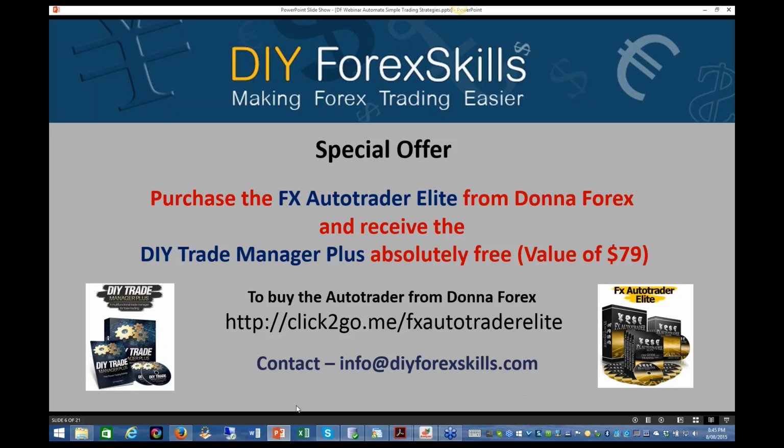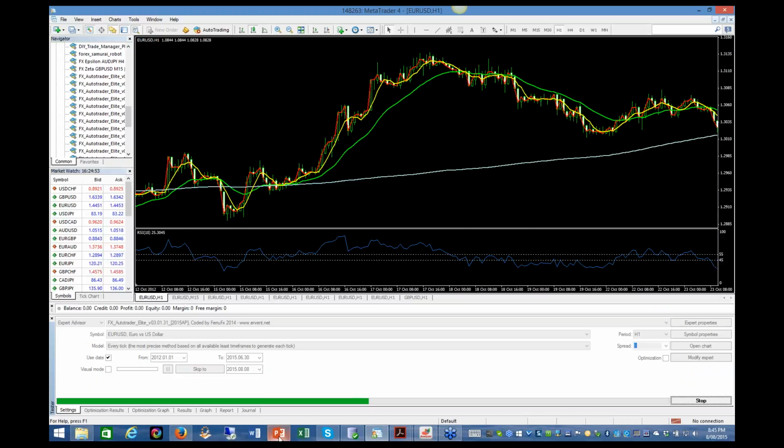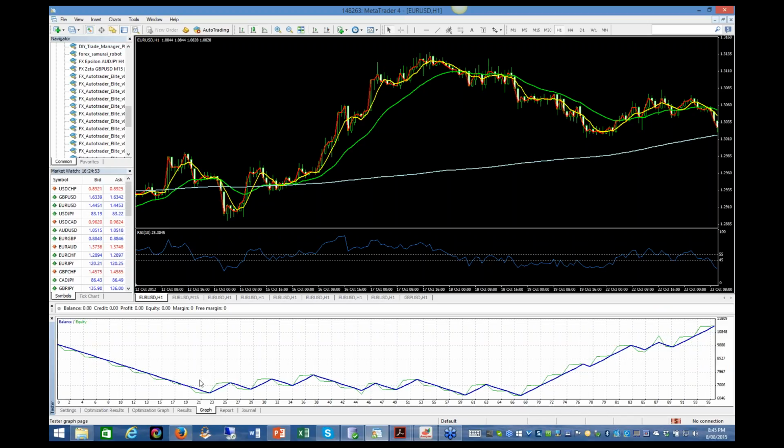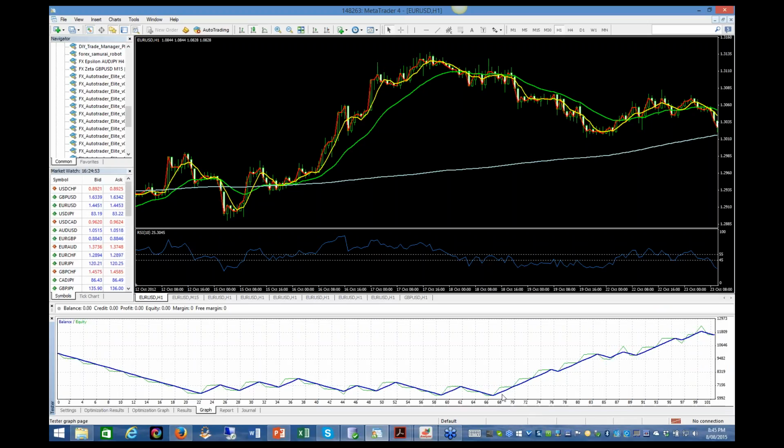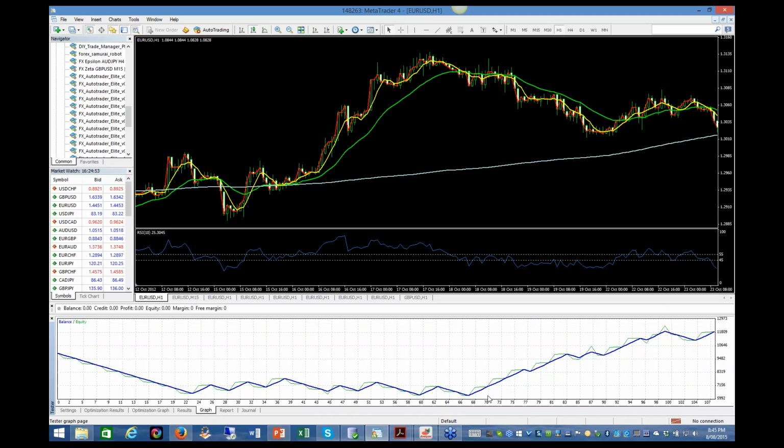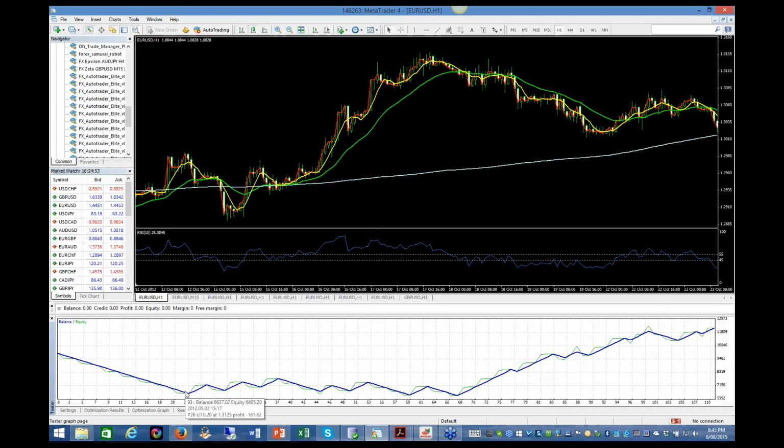Let's just see how we're going on our test and our graph. And again, we had the drawdown, and we had quite a strong drawdown. We went down to 6,000. So at the moment, this doesn't look too good to me, having the extra scale-in trades under these particular settings.